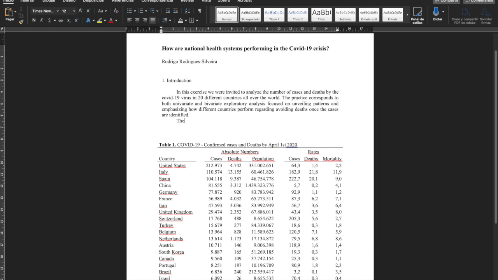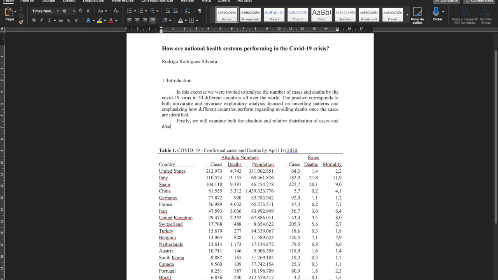The analysis, or firstly, we will examine both the absolute and relative distribution of cases and deaths to identify those countries where the problem is more salient.